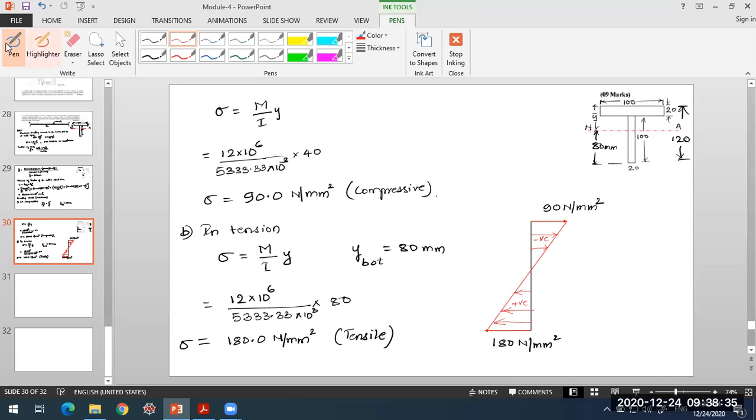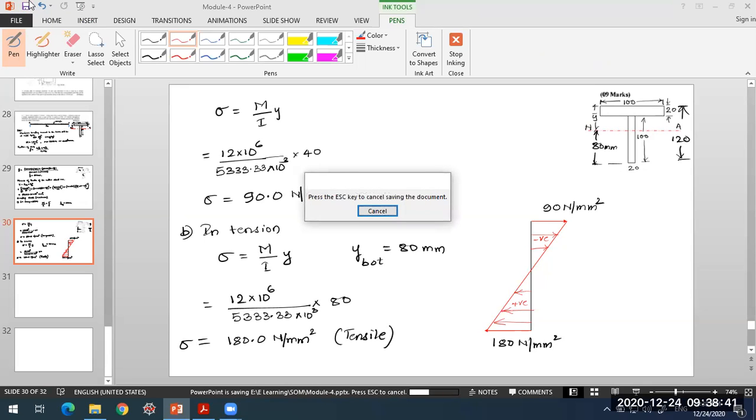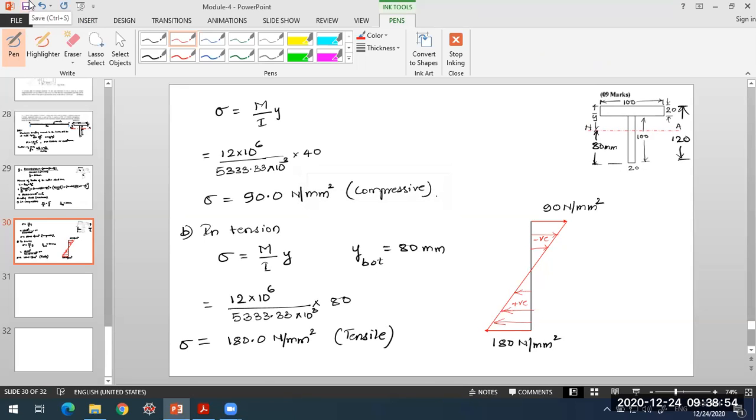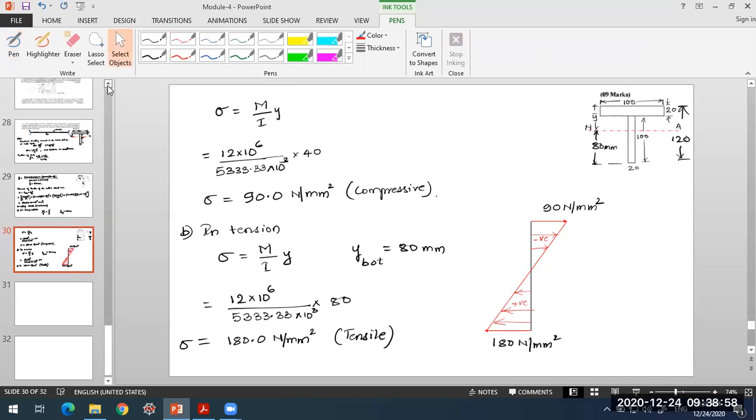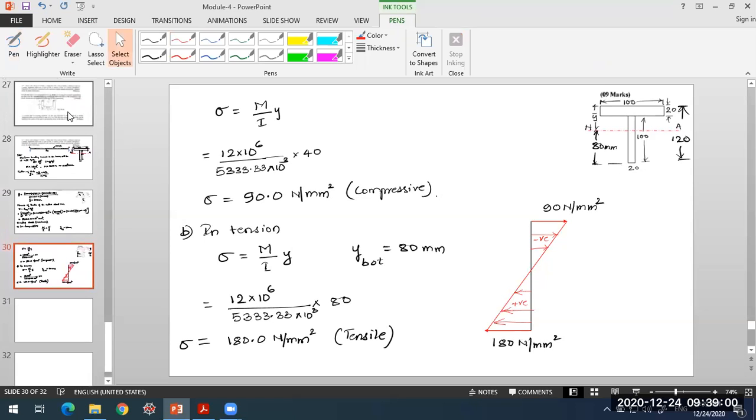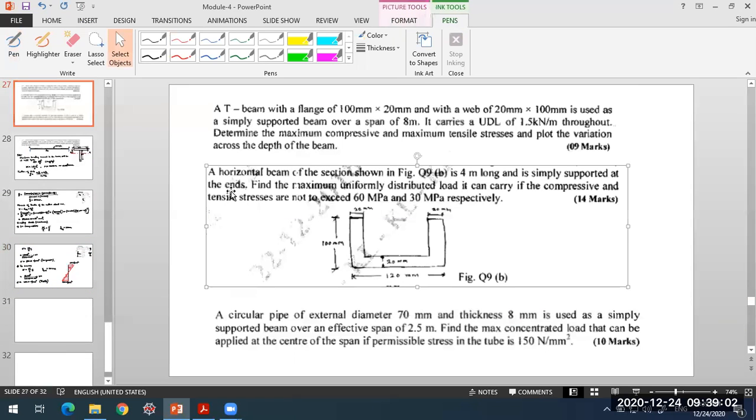So this is the variation of the stresses across the depth of the section. At the neutral axis, they remain zero. That is the point you need to note. The extreme top and bottom fibers will have the maximum stresses. When the beam is under sagging condition, maximum compressive stresses occur at the top fiber, and maximum tensile stresses occur at the bottom fiber.